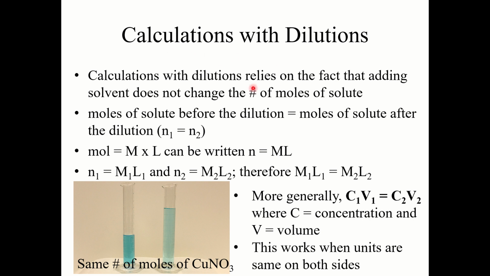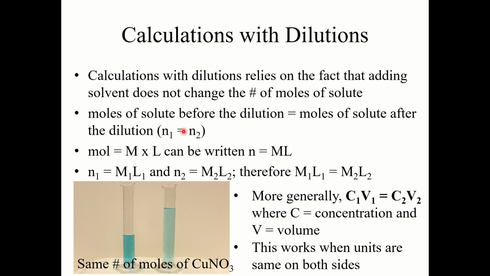Now these calculations rely on the fact that adding solvent does not change the number of moles of solute, it just dilutes it. So moles of solute before the dilution is equal to moles of solute after the dilution, or n1 equals n2. Now moles equals M times L, so n1 would be equal to M1 times L1, and n2 would be equal to M2 times L2.